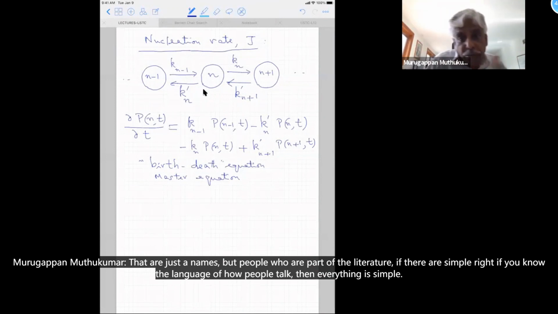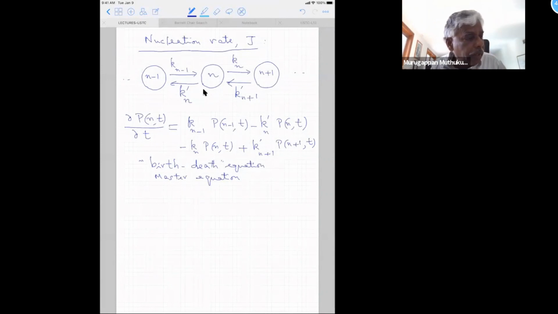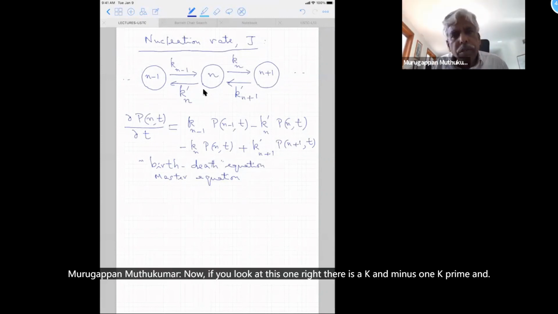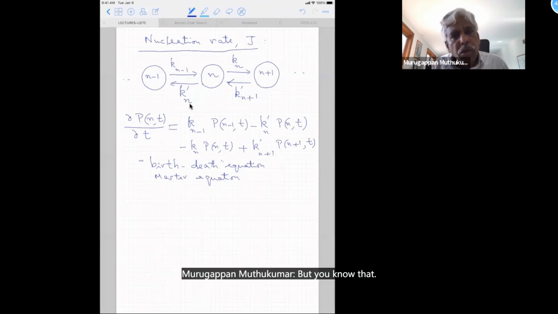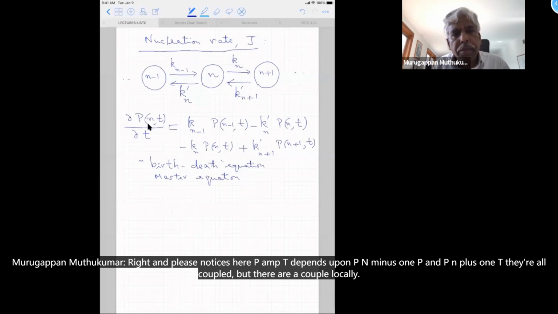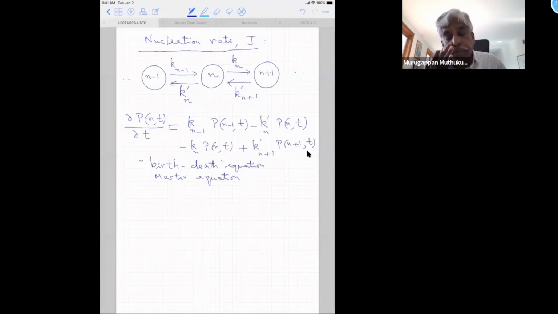If you know the language of how people talk, then everything is simple. Now, if you look at this one, there is a k n minus 1, k prime n, but in reality all these can be very different. And please notice that P n t depends upon P n minus 1 t and P n plus 1 t. They're all coupled, but they're coupled locally.